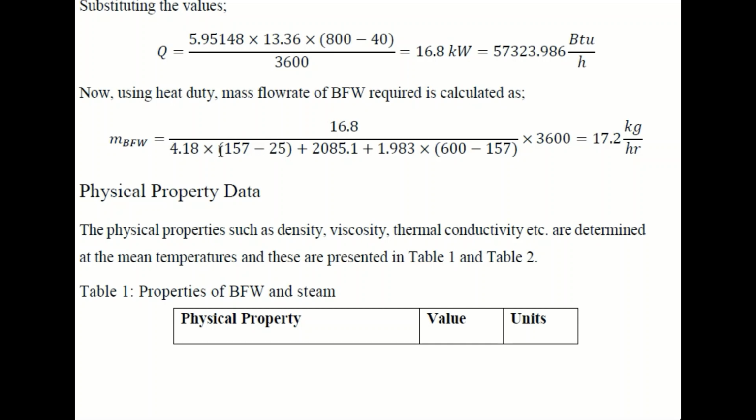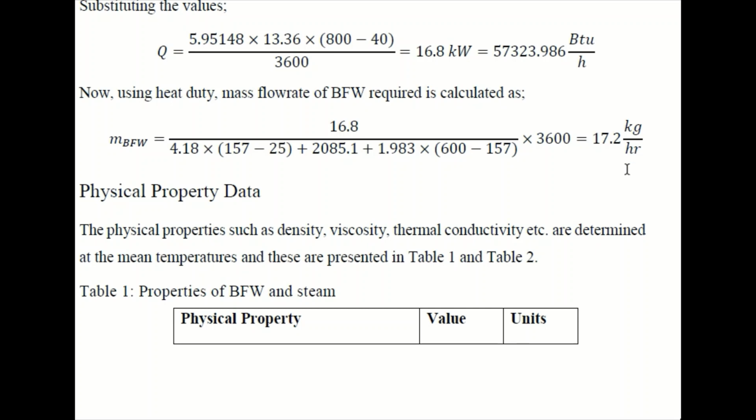This is the sensible heat, which we previously discussed. This is the latent heat. This is again sensible heat for the vapor region. So it is heated from 25 degrees Celsius to 157 degrees Celsius, then there is latent heat, and then there is heating of vapors from 157 to 600 degrees Celsius. So we obtain the boiler feed water flow rate as 17.2 kg per hour.